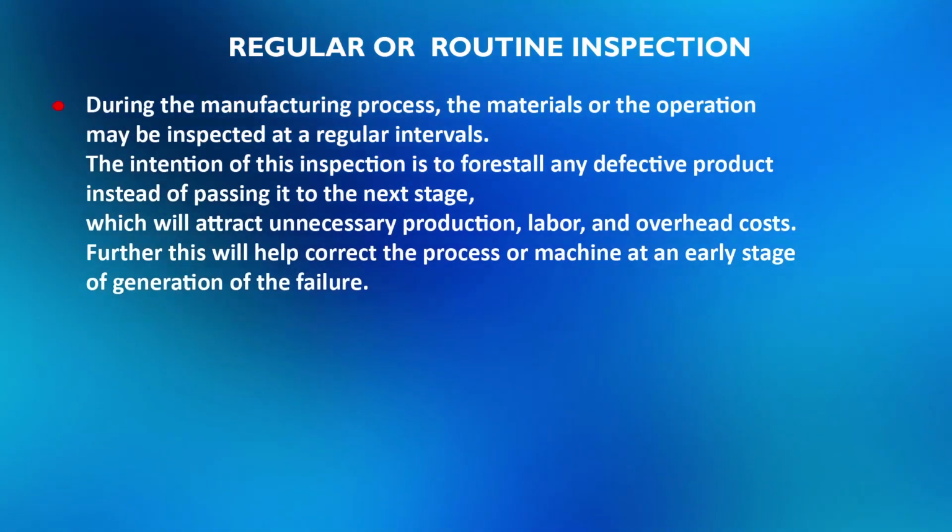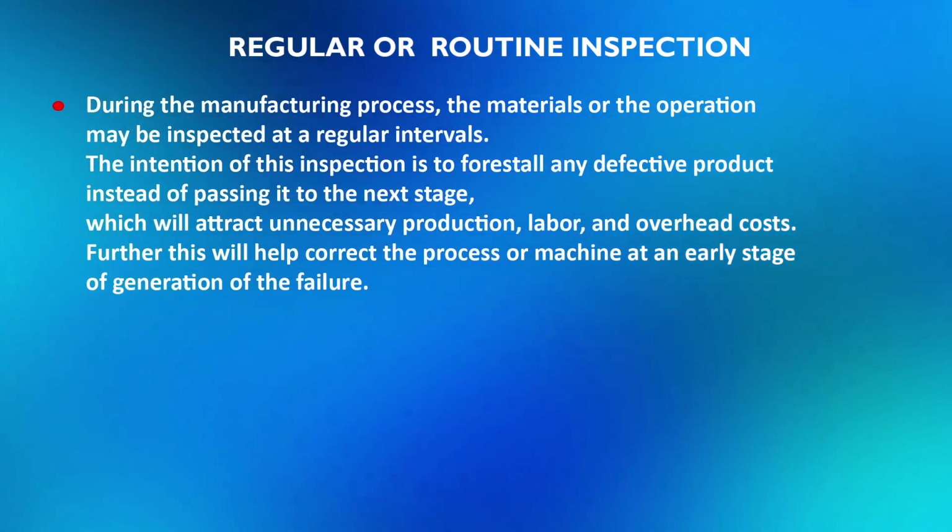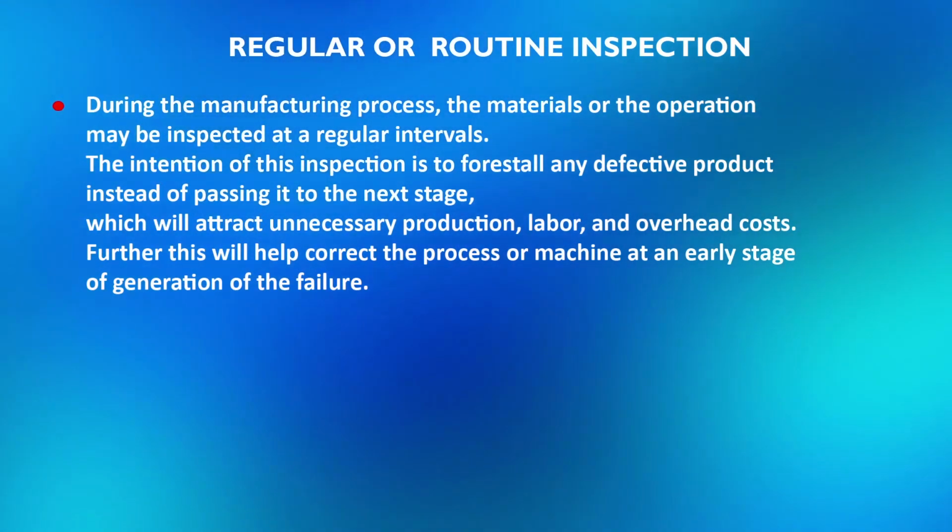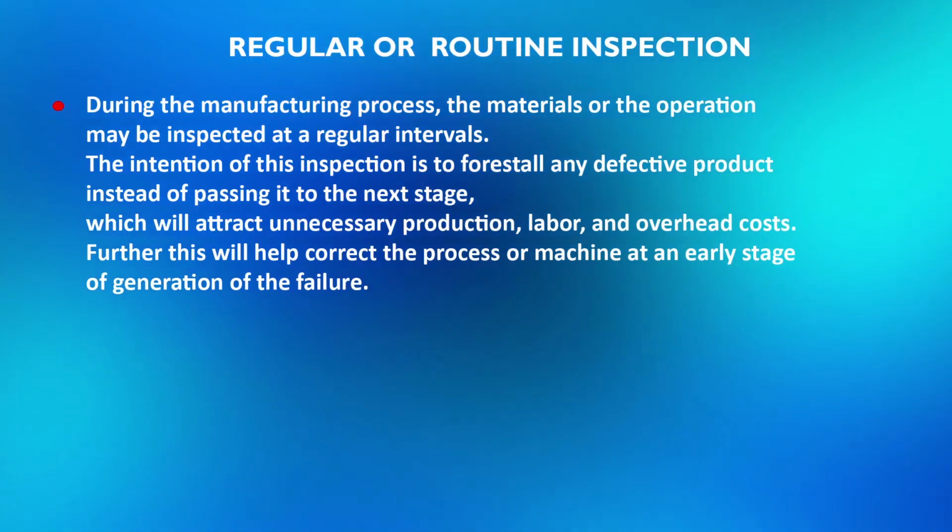So the quality inspector has to inspect in between all the operations, manpower as well as machines. That is known as routine inspection, or you can say the maintenance of machines. During the manufacturing process, the materials or operations may be inspected at regular intervals.